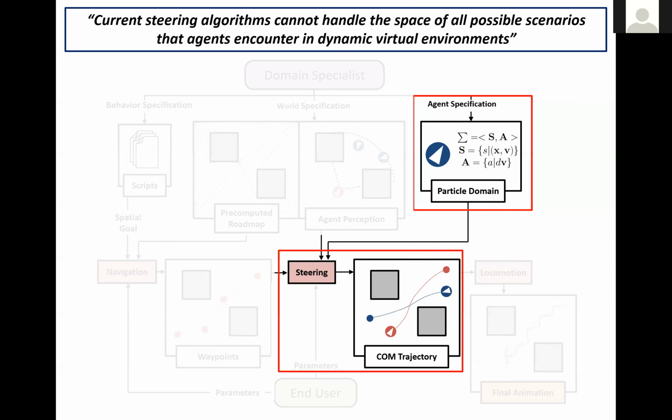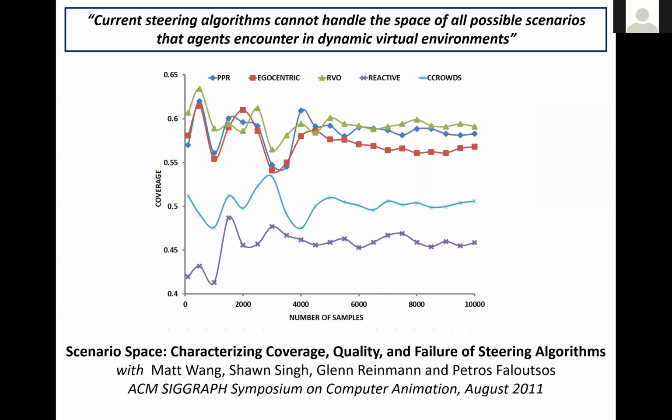So furthermore, the current state of the art in these control policies can only handle a fraction of the scenarios that agents would typically encounter in dynamic virtual environments. The analysis on the slide plots the coverage of different simulation techniques. Each of these curves is a different control framework.